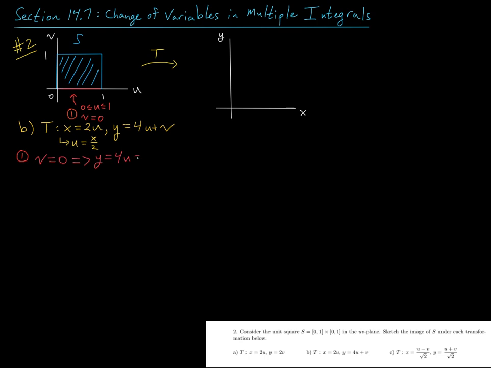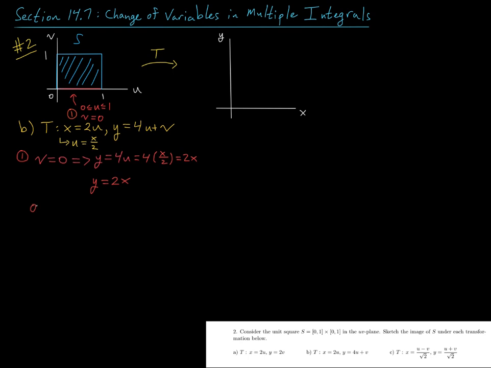So y being 4u then says that y is equal to 4 times half x, which is 2x. So in other words, the condition that v is constant 0 implies that y is 2 times x.